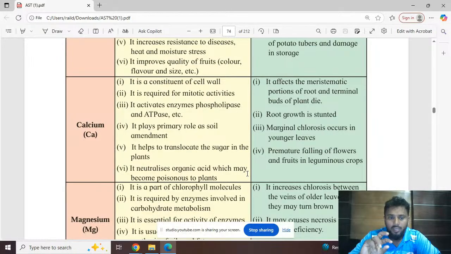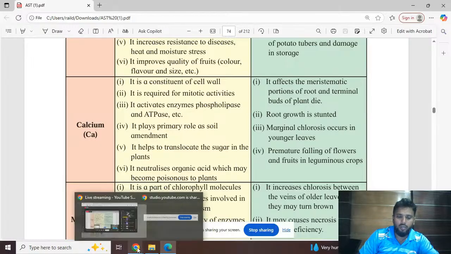Because of that, there is premature falling of the flowers as well as fruits. Flowers fall without producing fruits or seeds. So this happens due to the deficiency of calcium. Okay, so these were the functions and deficiency symptoms of certain important nutrients.